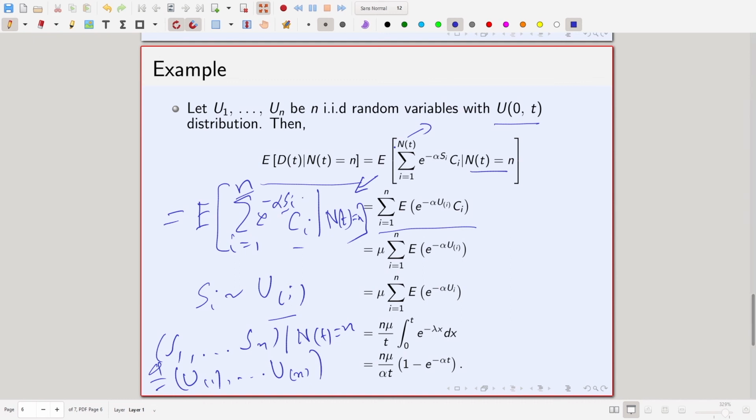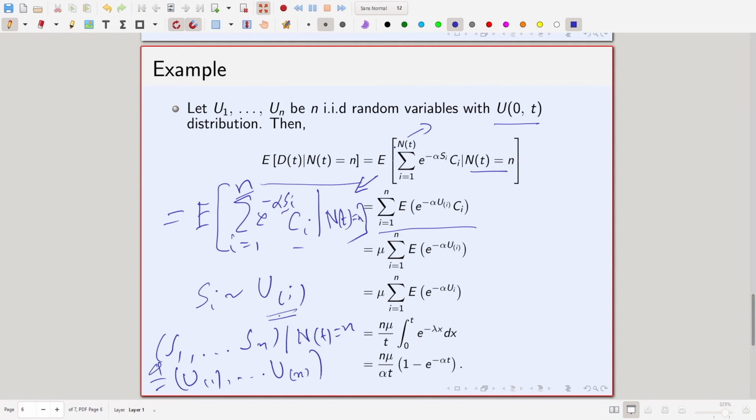Since we are interested in expectation, I have replaced Si by Ui, and then pushed the expectation inside the sum, because now the sum is deterministic, and this conditioning will vanish, because under this conditioning Si has the same distribution as Ui.